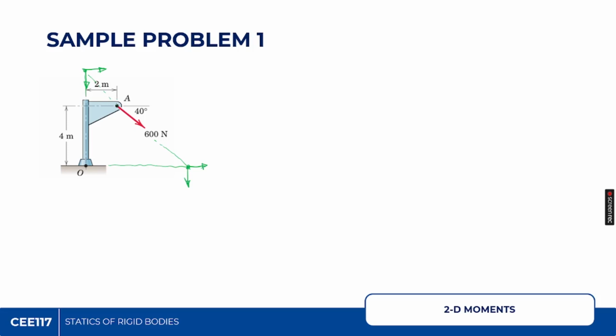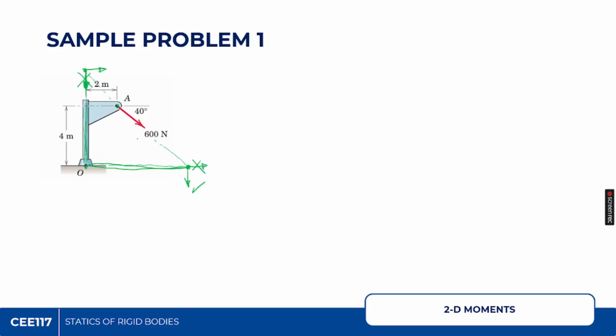If we translate this 600 Newton here, the vertical component will have no moment, because its perpendicular distance is 0 at this point. In the same way, if we translate the 600 Newton here, the horizontal component will have no moment, because its force has no perpendicular distance.